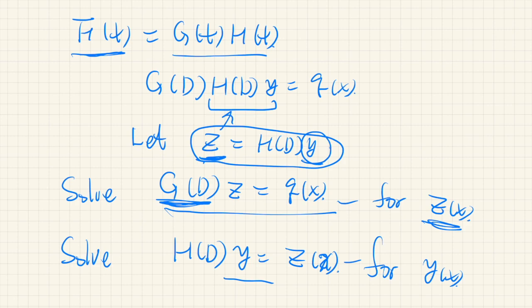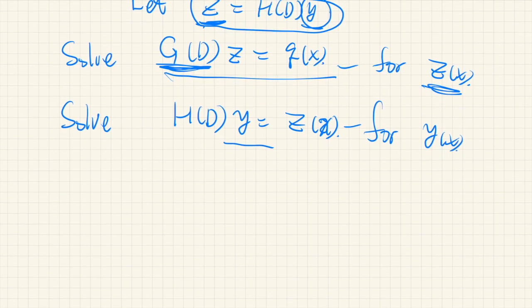Ultimately, if we just keep factorizing, we end up with something like this: D minus alpha, y equal to some function. So we just keep solving this type of first order differential equation, and that can be readily solved using the method of variation of parameters, which we already learned.